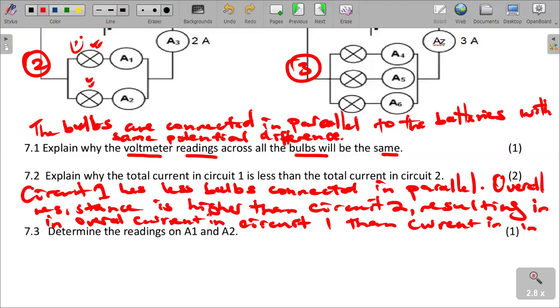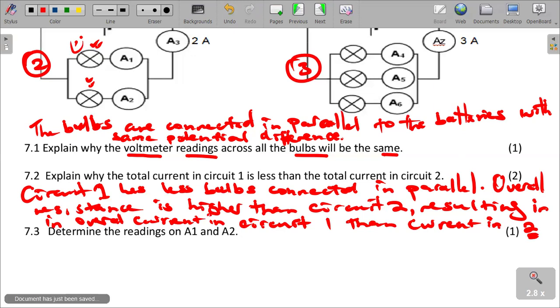The current in circuit 2 obviously is higher than that in circuit 1. I'm sure that we can understand. Circuit 1 has less bulbs connected in parallel, which is 2 versus 3.